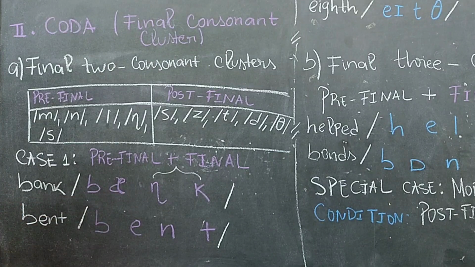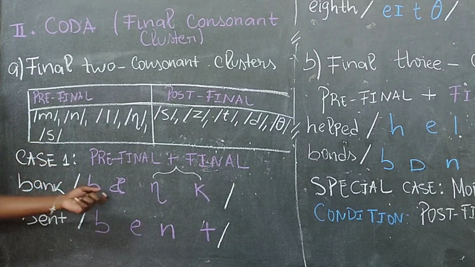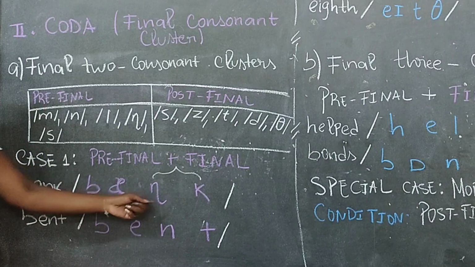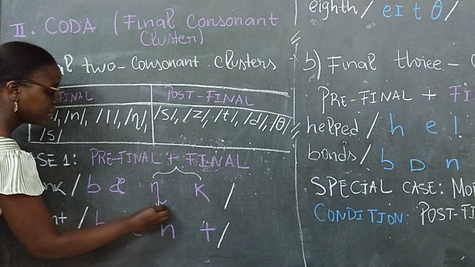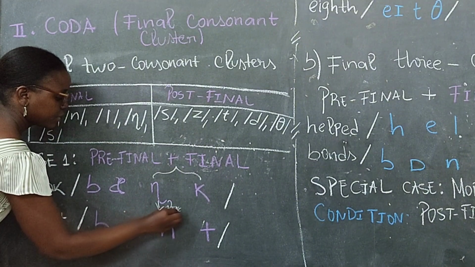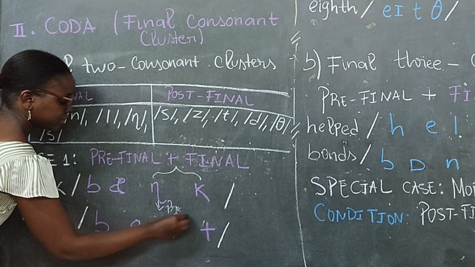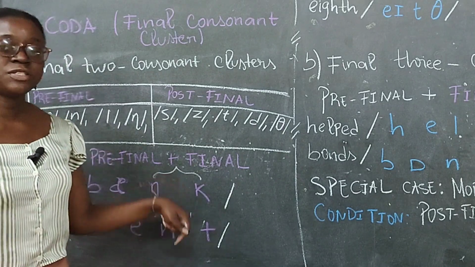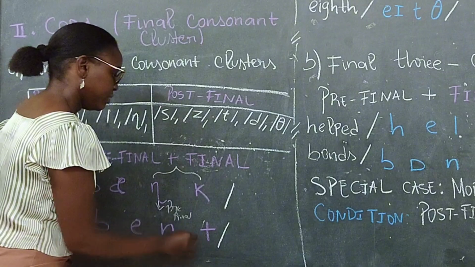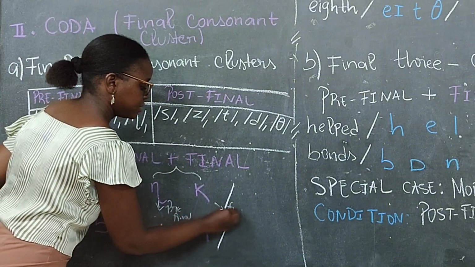This is a combination of a pre-final and a final consonant. Why? Because we can see from the list that when this consonant sound comes before, it is considered as being pre-final. Okay, and then everything that comes after it is a final consonant.